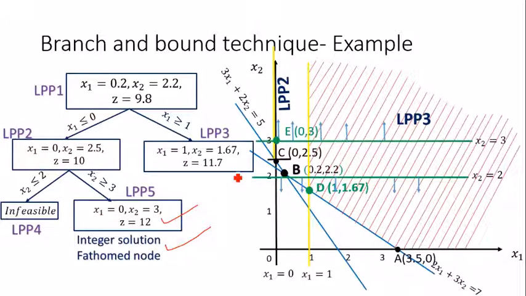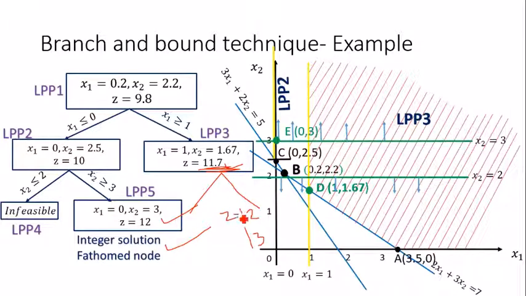Now you go back to LPP3. You look at the z of LPP3, it is 11.7. If I do further branching at LPP3, what z can I get? I can get z either 12, or 13 or higher, but I cannot get less than 12. I cannot get 11 because it is already 11.7.